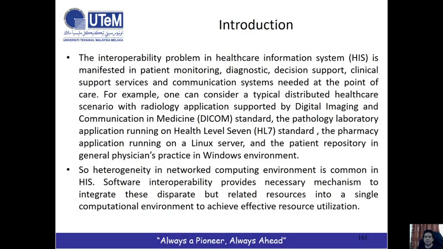Okay, in introduction, the interoperability problem in healthcare information system is manifested in patient monitoring, diagnostic decision support, clinical support services, and communication system needed at the point of care. So just imagine that when you go to any hospital, whether in Malaysia, in Bangladesh, in India, across the world, the hospital consists of a lot of departments or services.